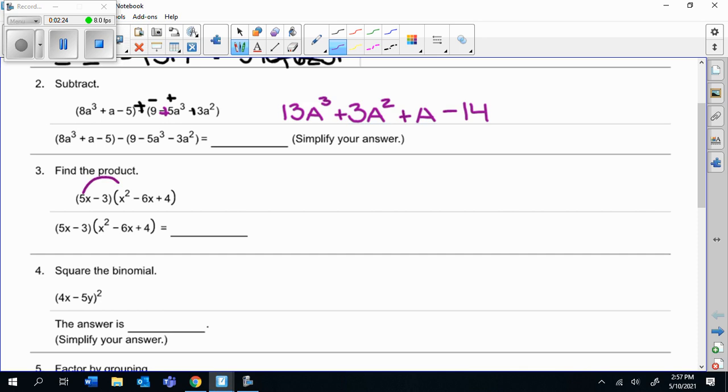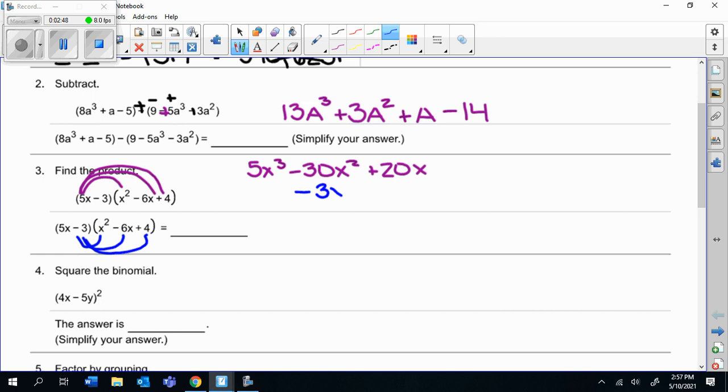All right. This is FOIL, but we have a binomial times a trinomial, so we need to make sure we distribute there. 5x to the third minus 30x squared plus 20x. And then I need to multiply through by that negative 3. So I'm going to write it right underneath.